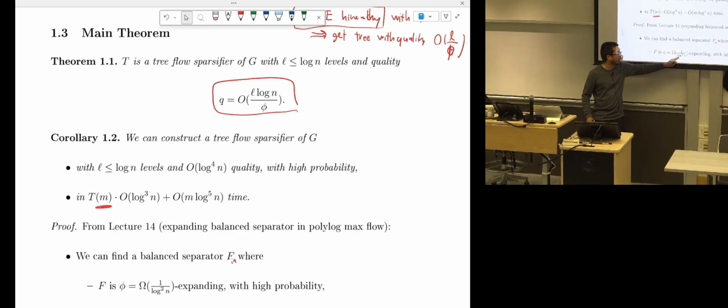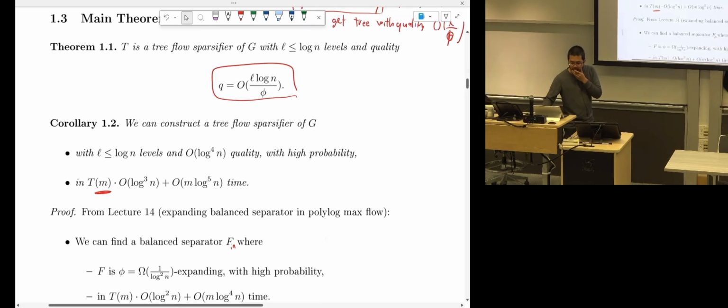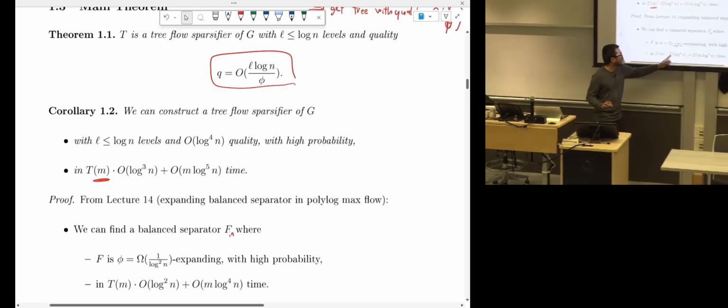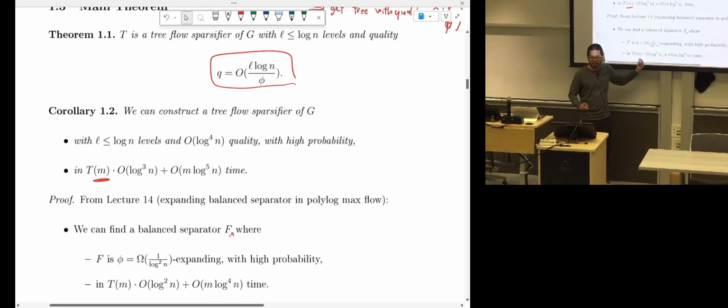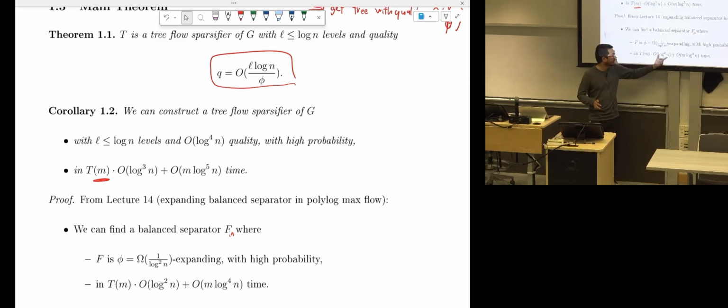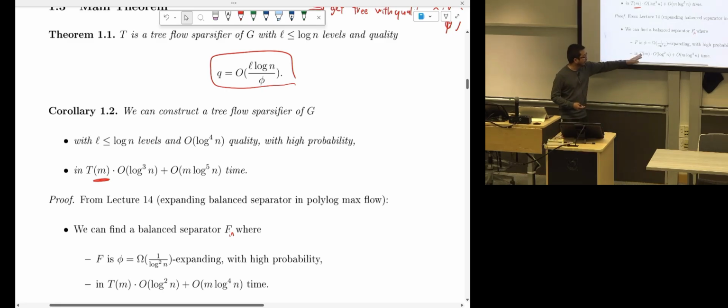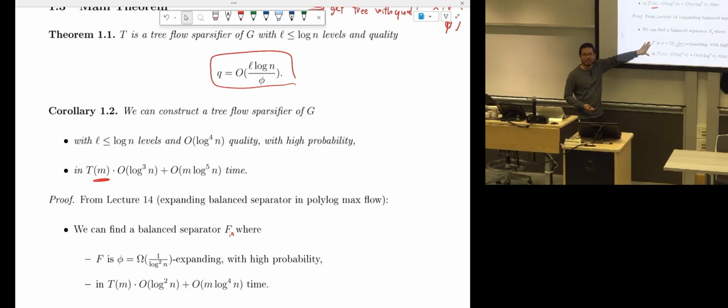Phi here is 1 over log squared. And the running time is something like log squared times max flow. This log squared is really the number of rounds from the cut matching game, where we use the version of the cut matching game with deletion and transferring vectors. So F in can be built in this time.